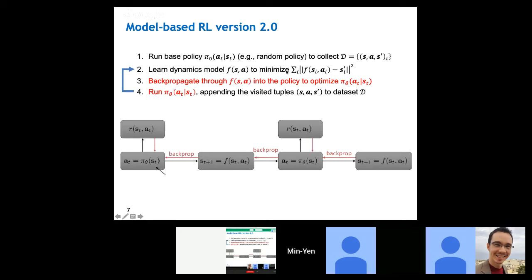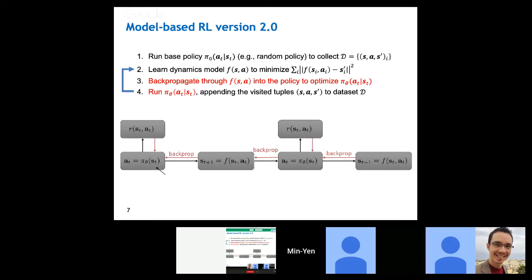The first two steps are the same, but in the third step, instead of just trying to learn the model itself, we backpropagate the error through the model function all the way to the policy to optimize the policy at the same time. The good thing is later we don't have to do the planning to generate the action sequence. We can just sample from the policy, which will be much faster, and quite efficient when we run the algorithm.